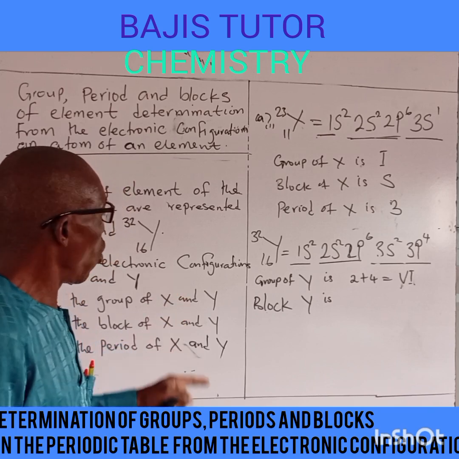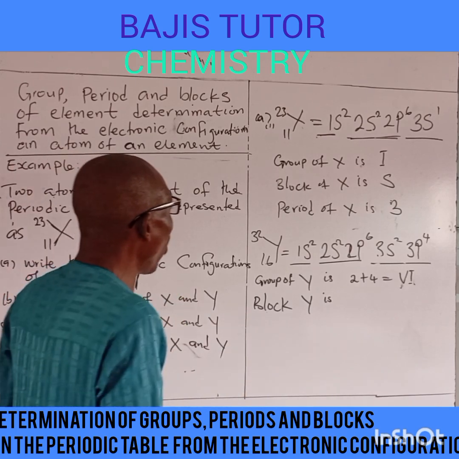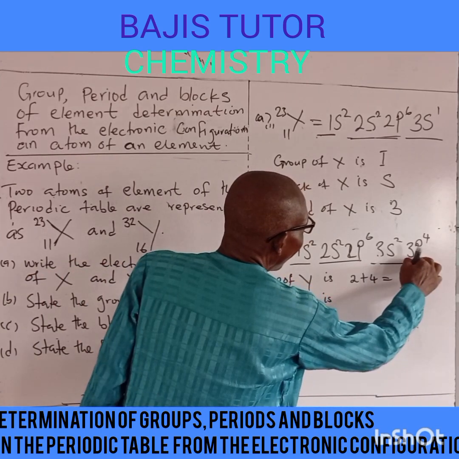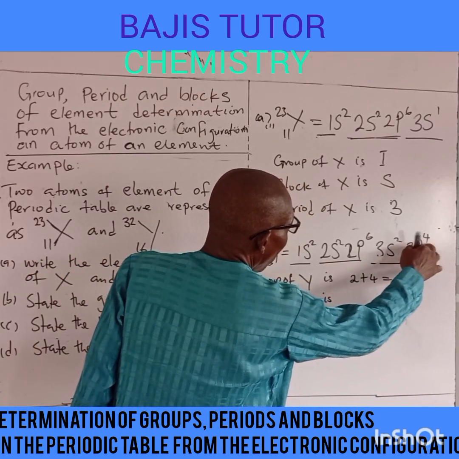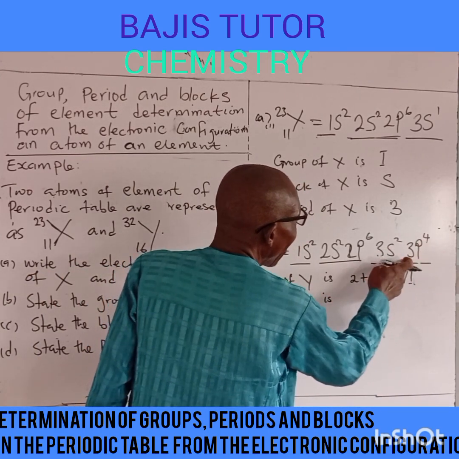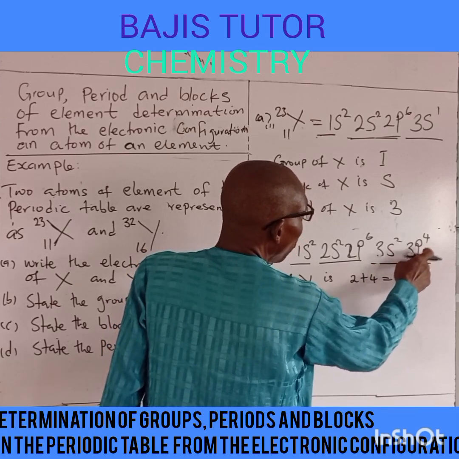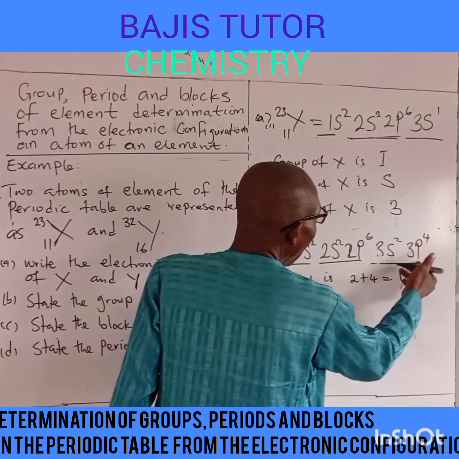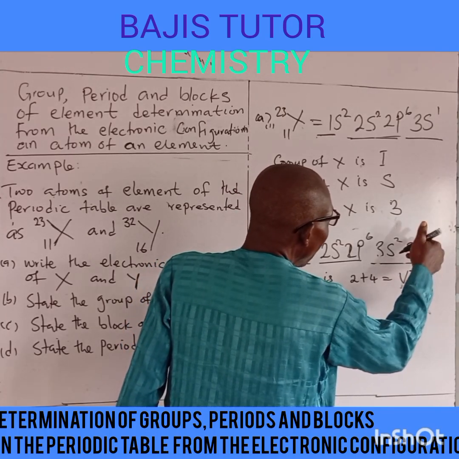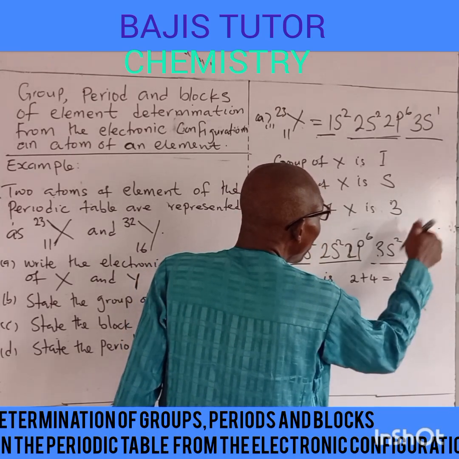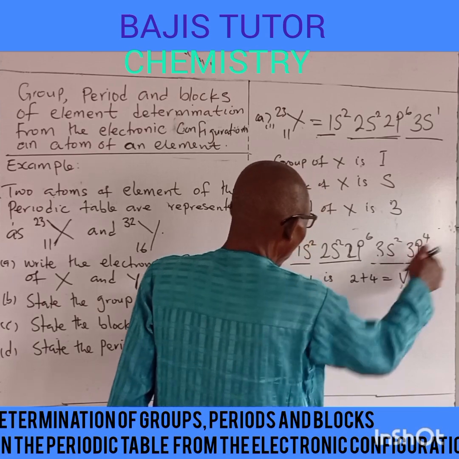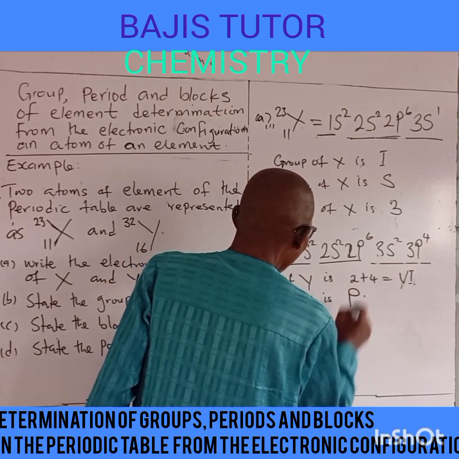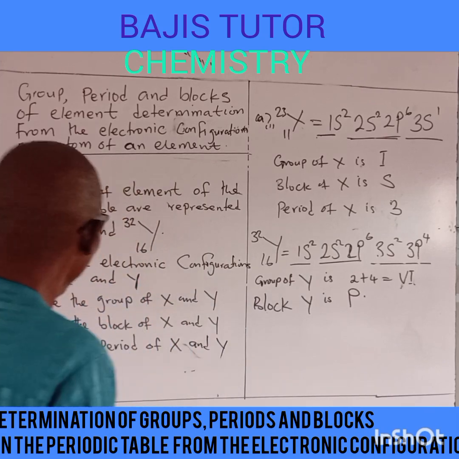It belongs to block P, because the last electrons enter into the P orbital. While we were filling the electrons, we ended up filling the remaining 4 electrons into the 3p orbitals. So the block is P. P block.